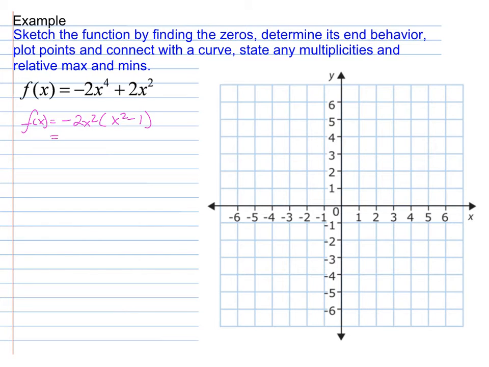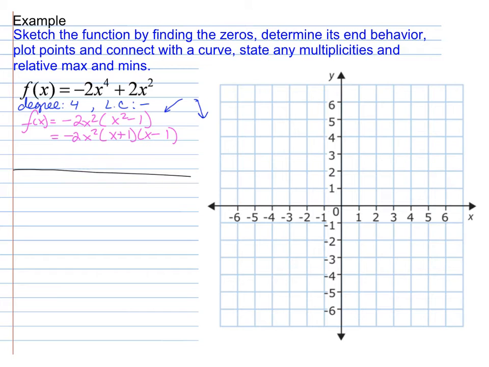We can factor further, and now we have -2x squared times (x plus 1)(x minus 1), because that's a difference of two squares. We can go back and identify our degree. Our degree for this function would be 4, and our leading coefficient would be negative. So that means our graph, again, falls on the left and falls on the right.